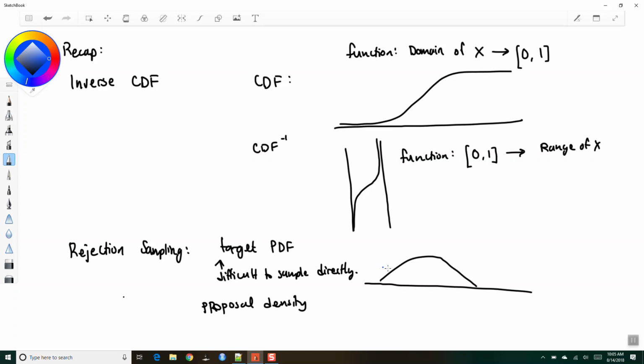The proposal density is easier to sample from, and to accommodate for the difference between the proposal and the target, for values in this range, we're only going to accept 50% of the values.